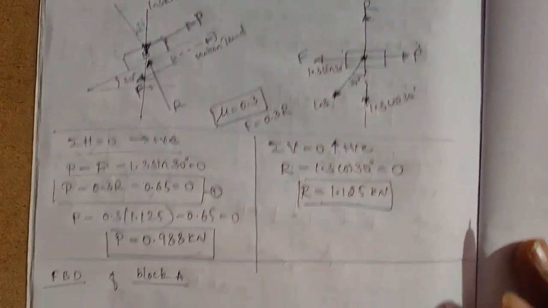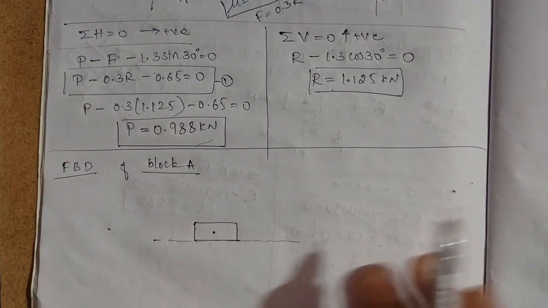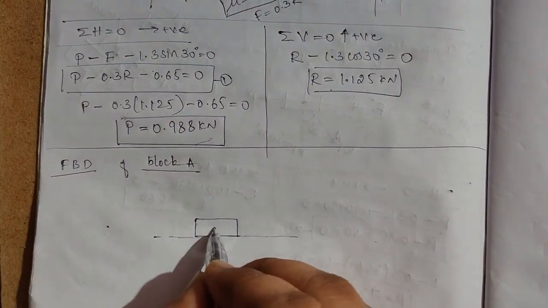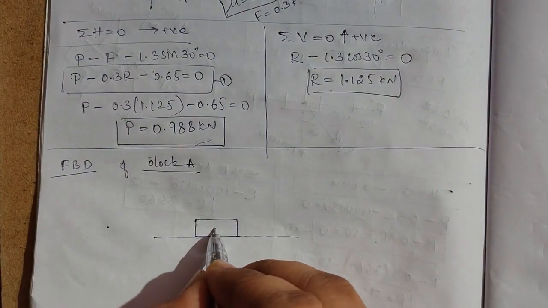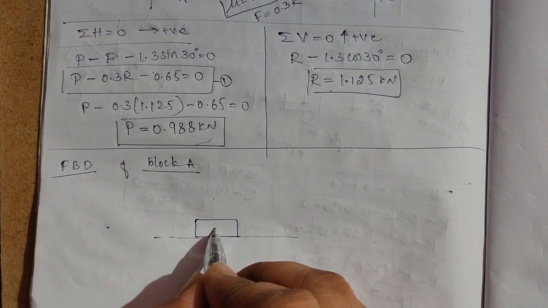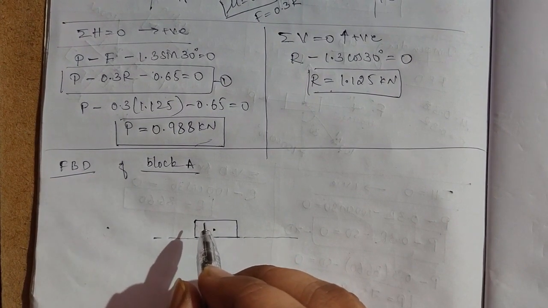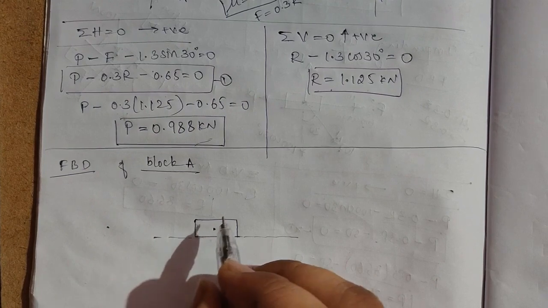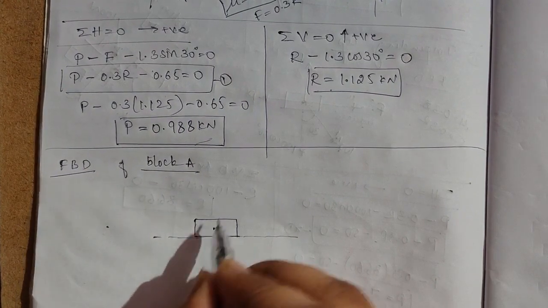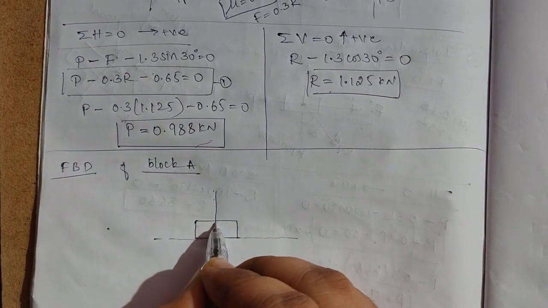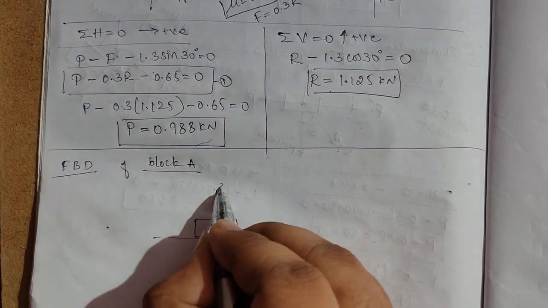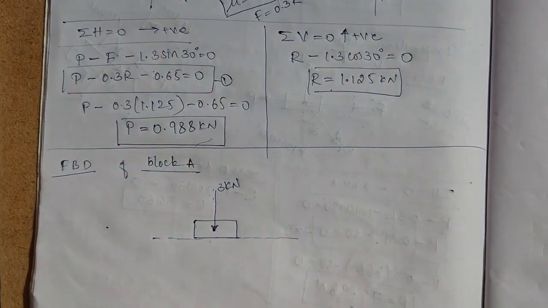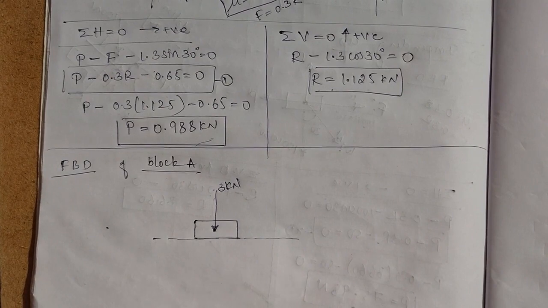Fine, so I'll write one by one. See now, what is its weight? Weight is given, it is 3 kilonewton, right? So I will write 3 kilonewton weight as it is given directly.